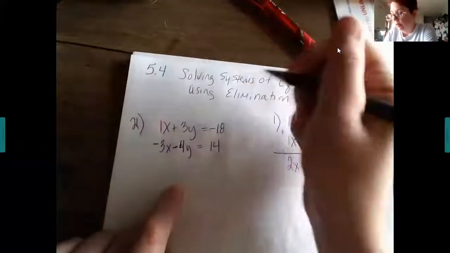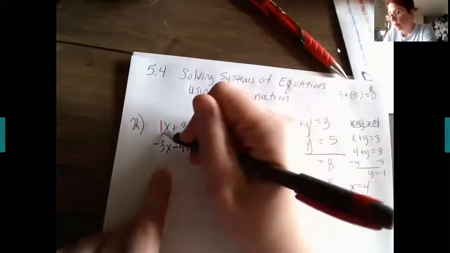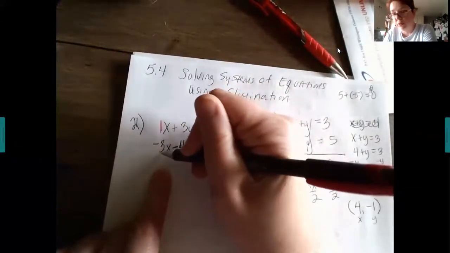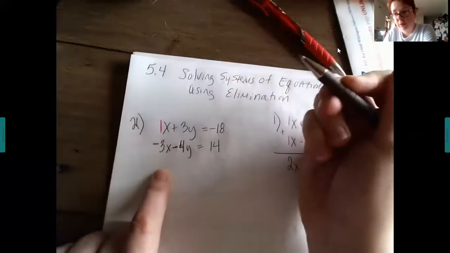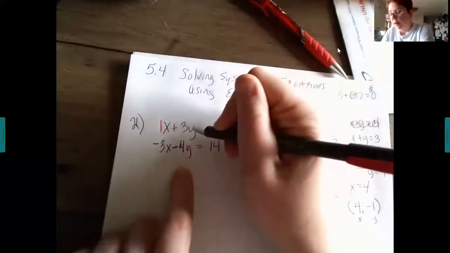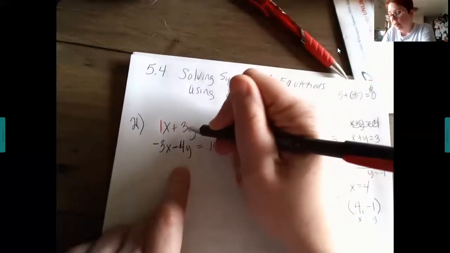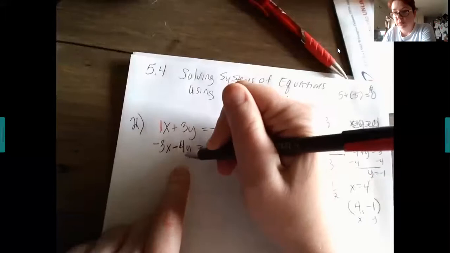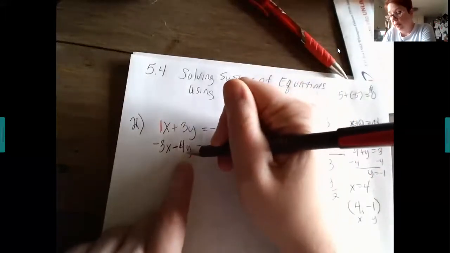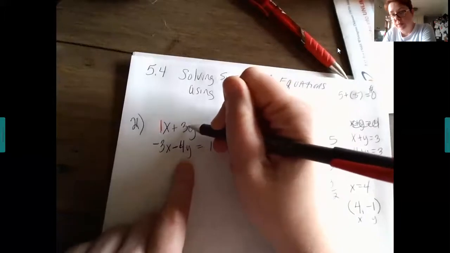But here, what would it take to change this 1 into a 3? Well, we just have to multiply this by 3, right? If I look at my y, can I multiply 3 by a number to make it into a 4? No, and I can't multiply a 4 by a number to make it into a 3.